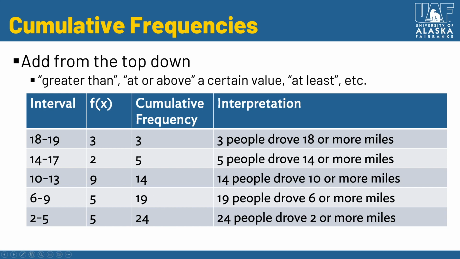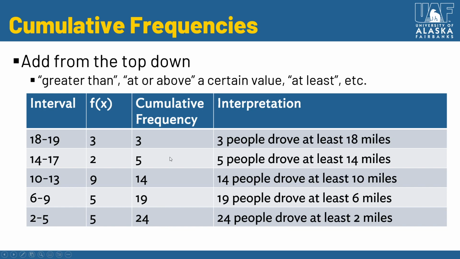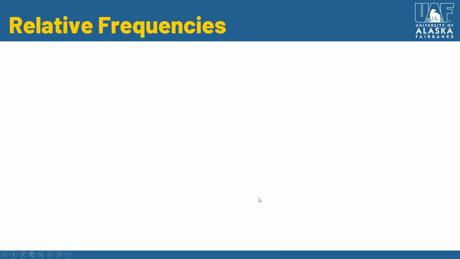Right, and once again, we end at our grand total, 24, just a different way of saying the same thing about our distribution. Right, 24 people drove 2 or more miles, just like 24 people drove 19 or less miles, right? Because everyone commuted between 2 and 19 miles. Other language, 24 people drove at least 2 miles, right? Again, different ways of explaining the same thing.